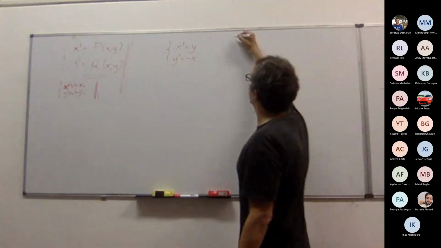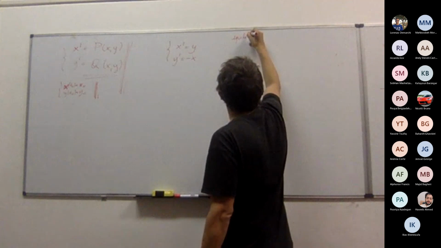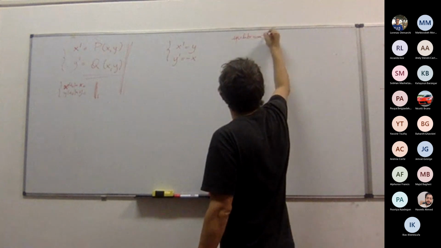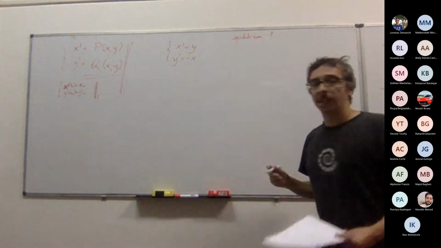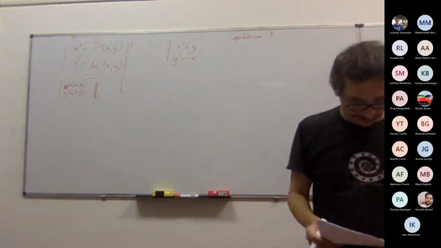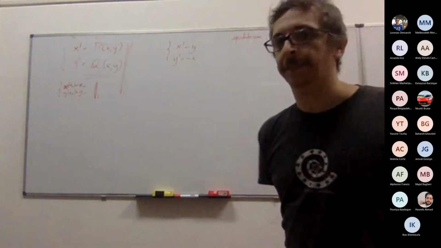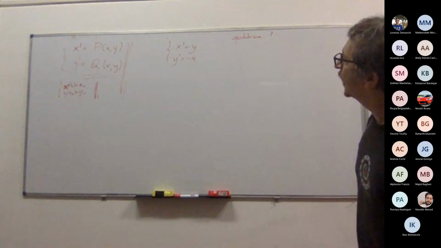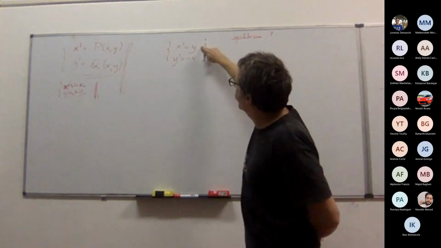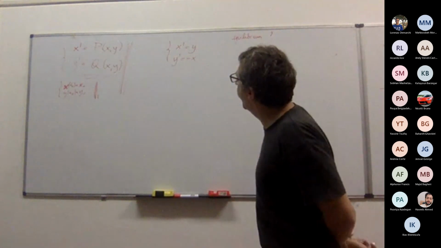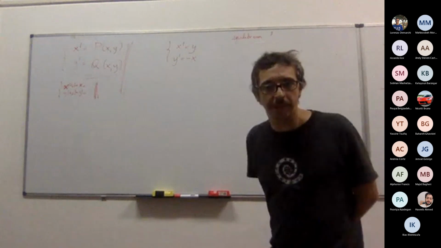Okay, this is very easy. What's the equilibrium for this system? Somebody. Can you see the system? It's x prime equal to y and y prime equal to minus x.